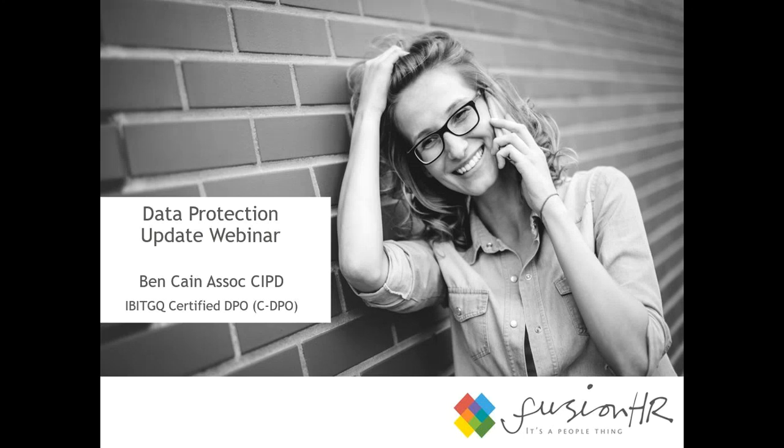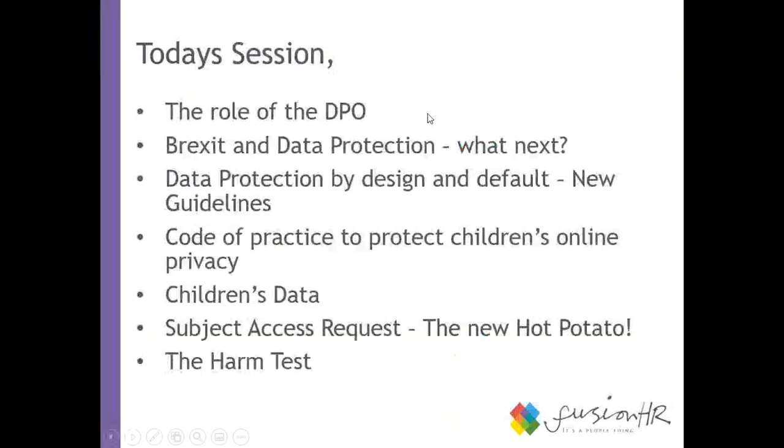So let's have a look at what we're going to be looking at today. We're going to have a brief overview of the role of the DPO, what your DPOs should be doing in schools. We'll have a look at Brexit, a bit of a hot topic at the minute, what this means for data protection and what's coming next. We're going to look at data protection by design and default and some new guidelines that have been issued for them, and what this means for schools, again, what you should be doing. Code of practice to protect children's online privacy and why that's important for schools.